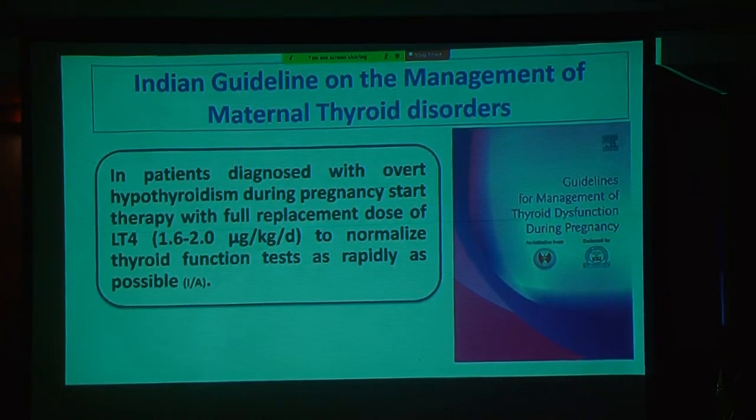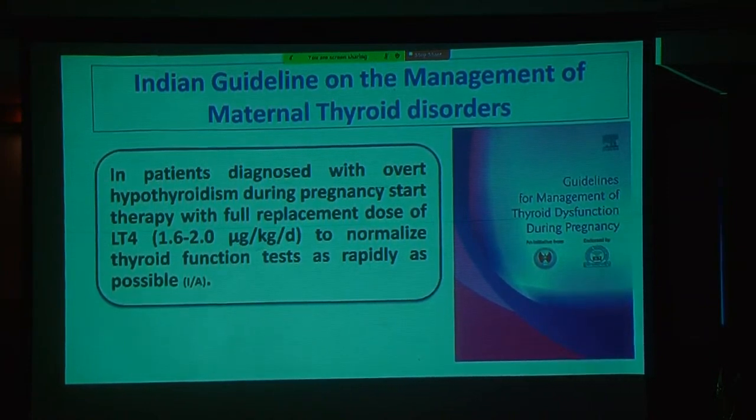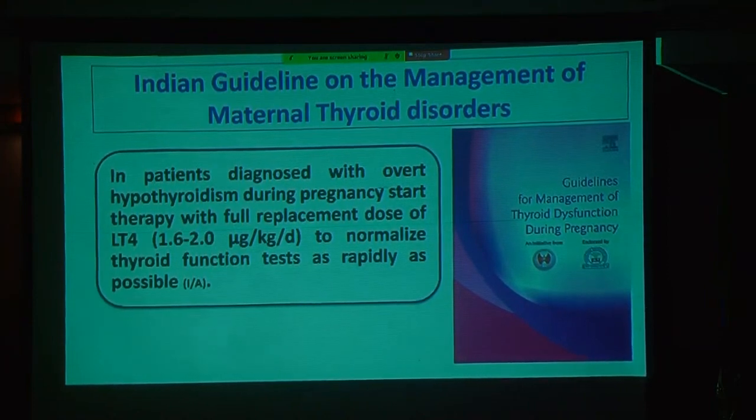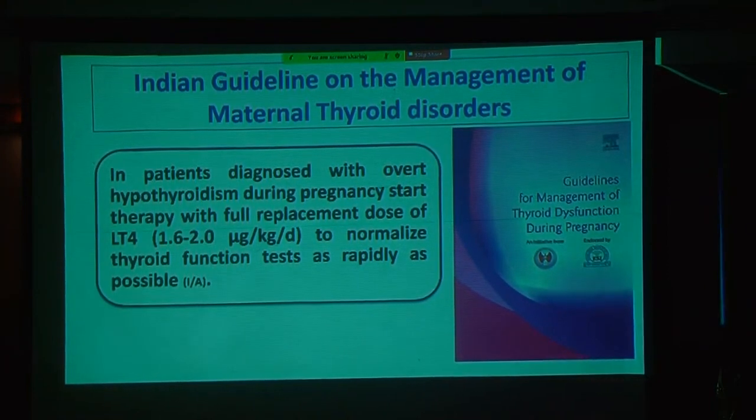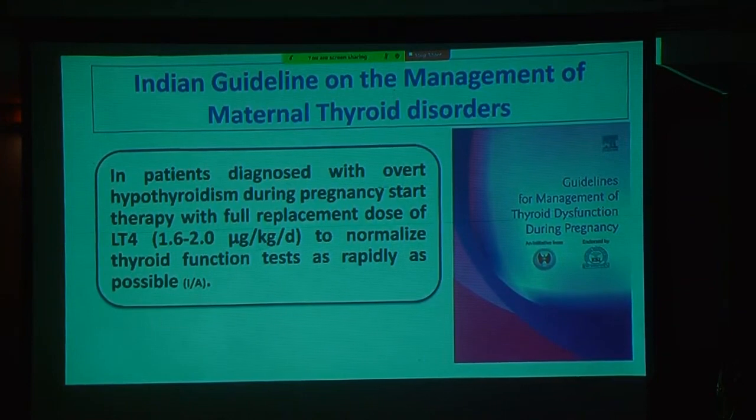They should be treated with a full dose, not starting with 12.5 or 25 just because TSH is only 7 or 8. It is not like that. If the patient is overt hypothyroid, they should be treated with a minimum dose of 1.6 per kg. A 50 kg lady may require a minimum of 75 to 100, depending on weight.